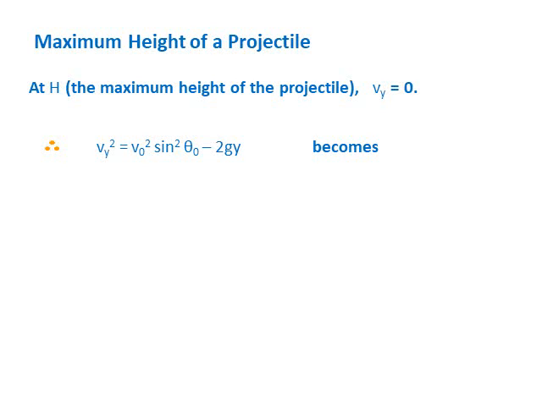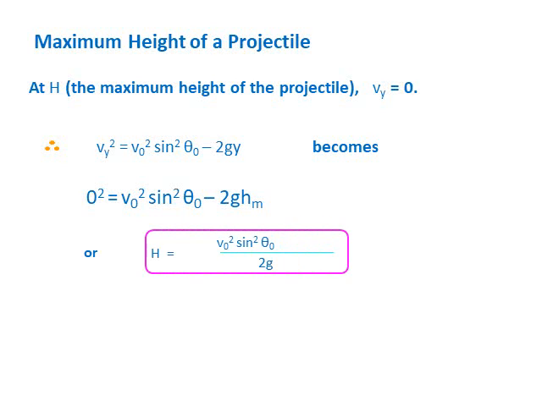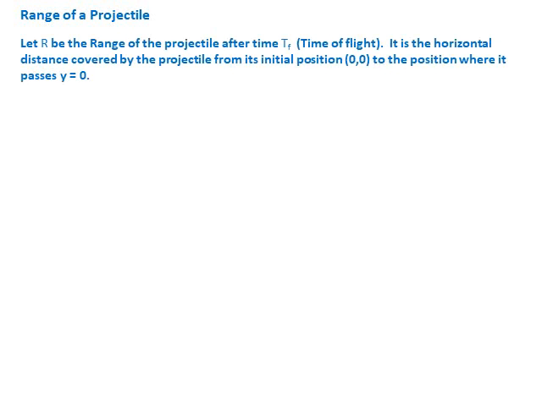Here the vertical distance traveled is y, so Vy square equals V naught square sine square theta naught minus 2gy, which becomes 0 equals V naught square sine square theta naught minus 2g into hm, or simply the maximum height h equals V naught square sine square theta naught upon 2g.